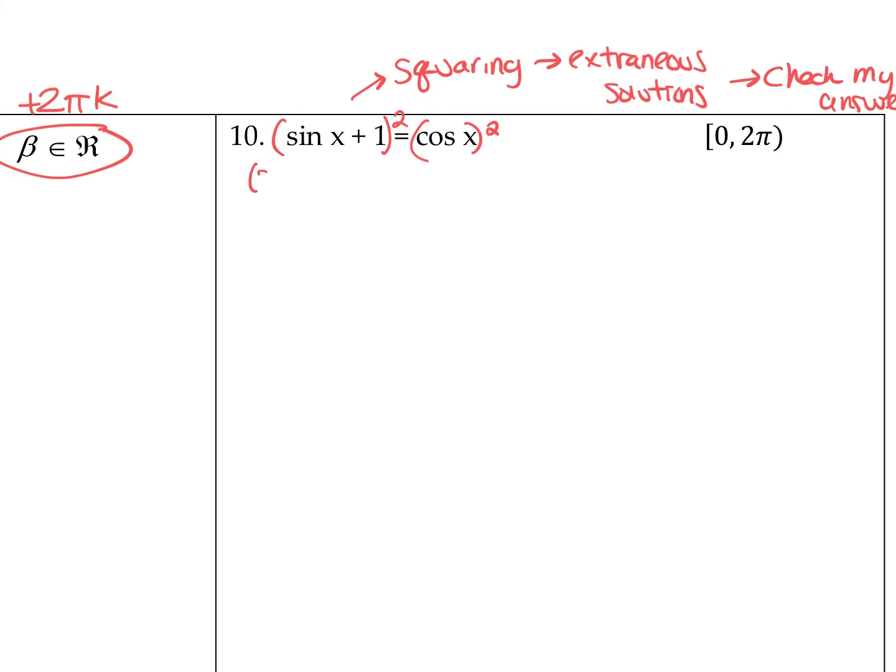So sine of x plus 1 times sine of x plus 1 would give me sine squared plus 2 sine plus 1 is equal to cosine squared. Now I want all the same trig functions, so since I have mostly sines on the left, I'm going to change cosine squared to 1 minus sine squared.